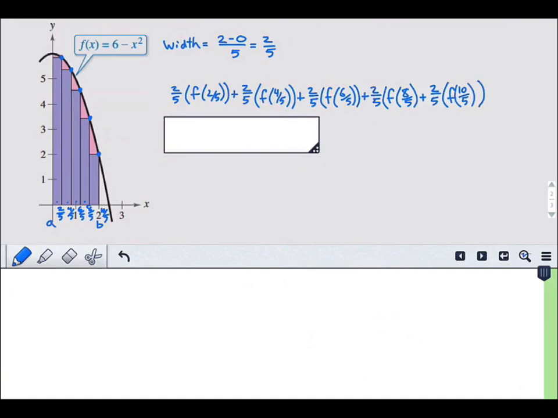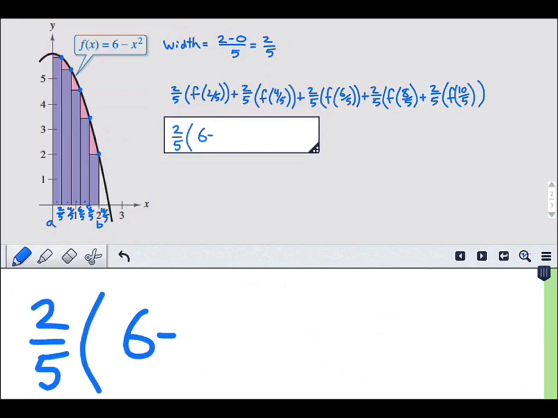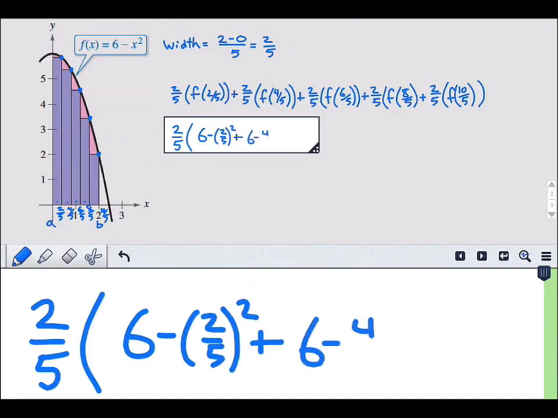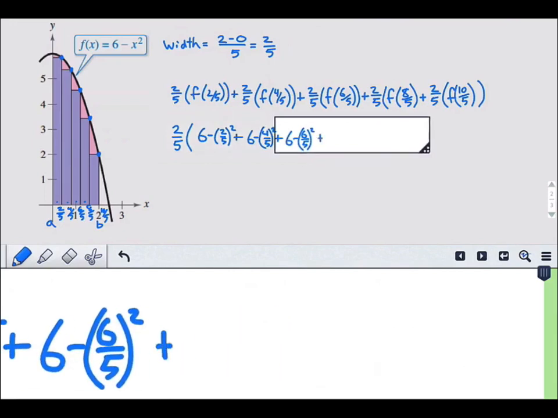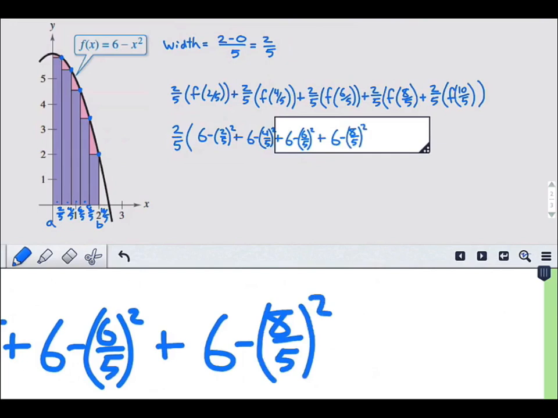These are all being multiplied by 2/5, so we pull that out and find our function at all of these values: 6 minus (2/5) squared, plus 6 minus (4/5) squared, plus 6 minus (6/5) squared, plus 6 minus (8/5) squared, plus 6 minus (10/5) squared.